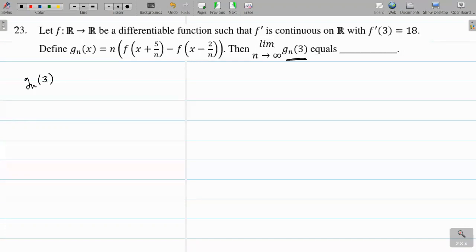GN of 3 is, so I write it as f of 3 plus 5 by n minus f of 3 plus f of 3 minus f of 3 minus 2 by n. और ये जो n है I will take it down as 1 by n.